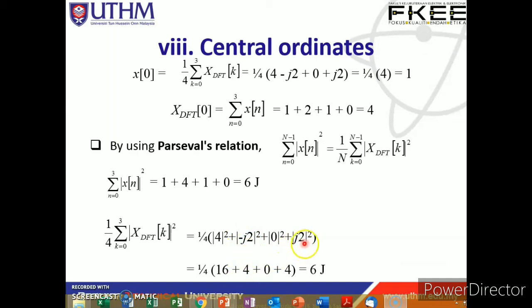The same here for j2, because we need to find the modulus value, therefore the value will always be positive. 16 plus 4 is 20, plus 4 is 24, divided by 4 is 6 joules. So this proves the Parseval relation, because these two equations give the same answer.